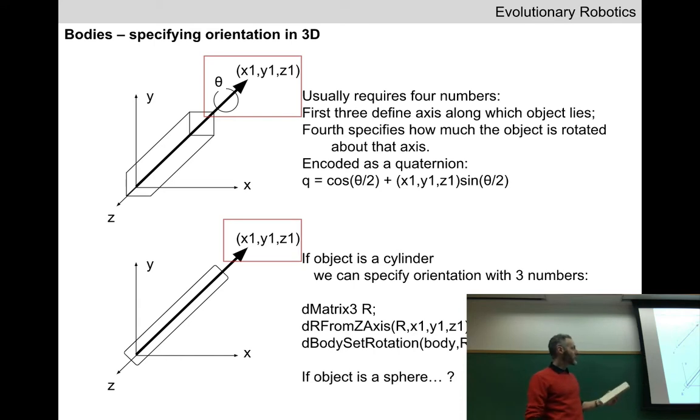So in PyroSim, we've simplified this. We've thrown away the quaternion, and all you're going to specify is the x, y, and z vector along which your object lies. That's why in the assignments you're creating 2 cylinders rather than 2 rectangular solids. Because if we lie a cylinder along this orientation vector, then it doesn't matter how much it's rotated, because it's symmetric around its long axis.